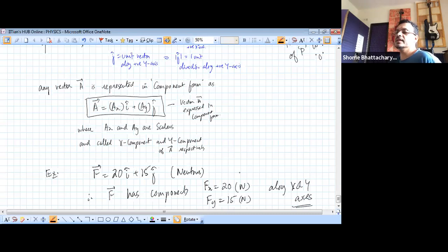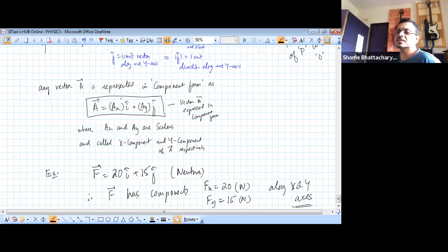So this quantity Fx is a scalar. It's just the magnitude of the force. It's 20 newtons. This is just a magnitude. But when I express it as 20 into i cap plus 15 into j cap, ये क्या बन जाता है लेफ्ट हैंड साइड पे? ये वेक्टर बन जाता है.